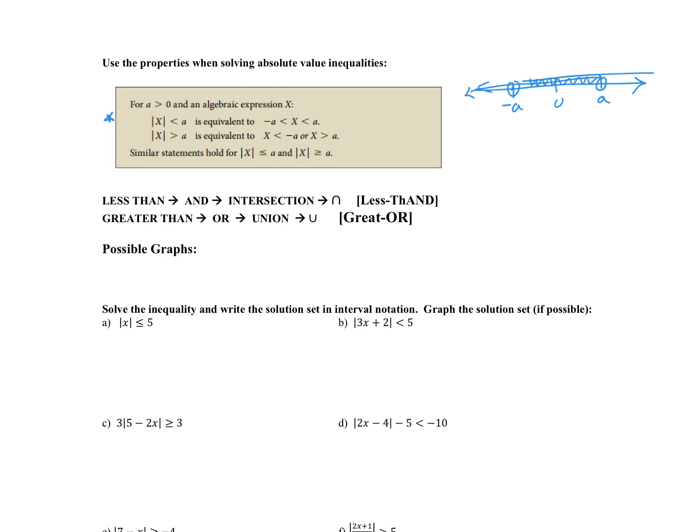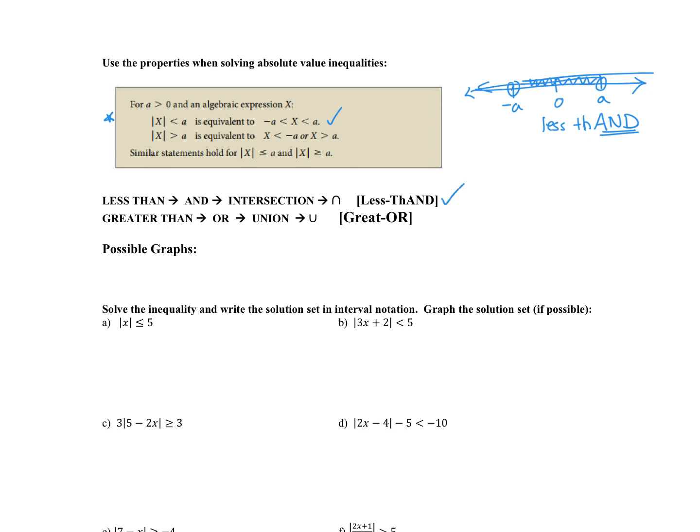So you're looking at the solution where they intersect between minus a and a, like this. That is a less than. I like to think of that as a less than. That reminds me that I'm looking for the intersection.